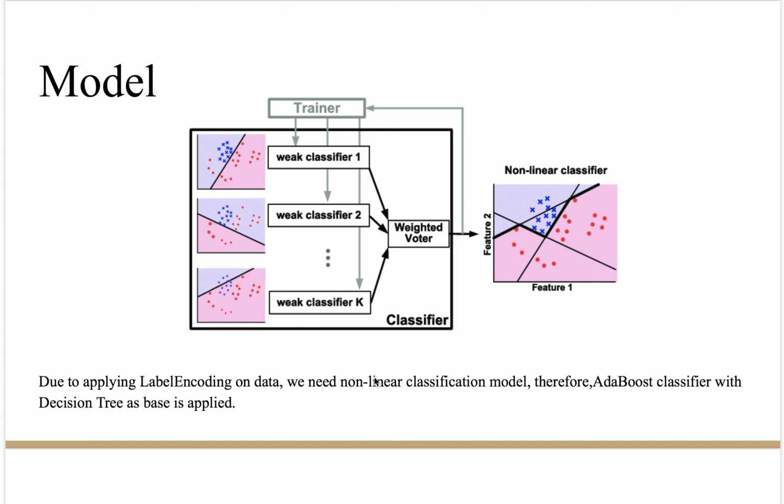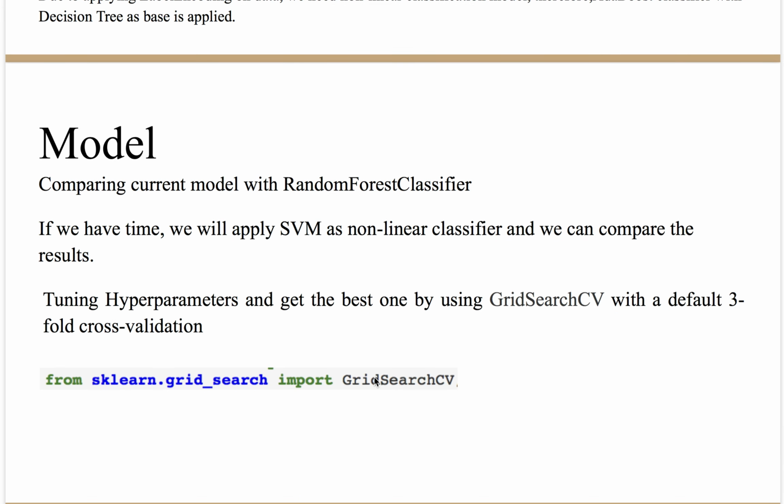So because we have several weak classifiers, the results would be very strong and powerful. We are also trying to apply a random forest classifier and SVM, if we have time, as nonlinear classifiers, and compare the results of all of these predictions and see which one gives us better results.